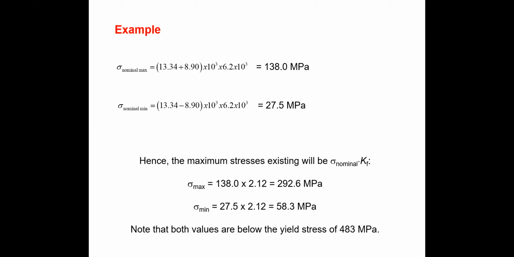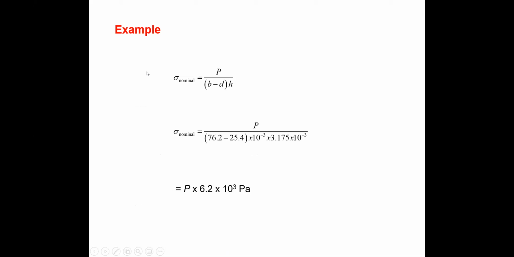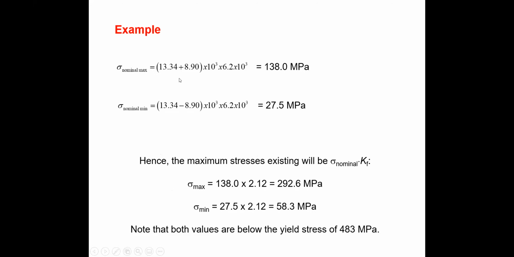Then we know the alternating stress. Then you can find out the maximum nominal stress, because we already found the value for the nominal stress with the axial load. Then the alternating stress we already know. So we need to get sigma A and sigma M together.